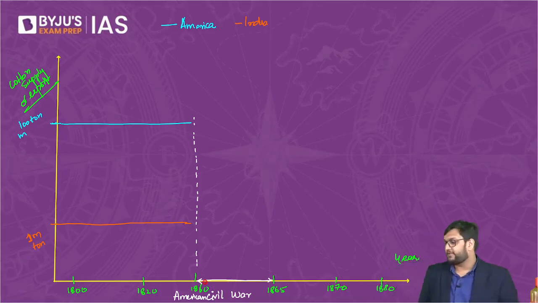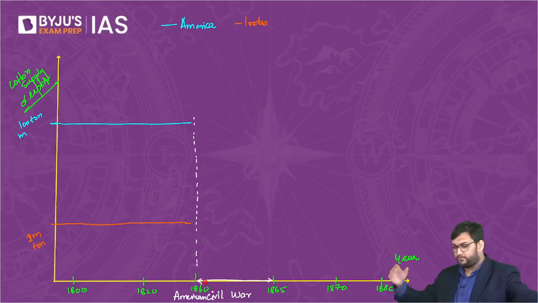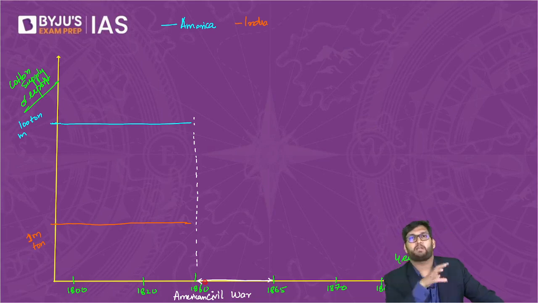As soon as the Americans go for banning of slavery, the southern states, also called the Confederate States, you would have heard of this word Confederate States, Confederate flag, will say that we want to come out of America.